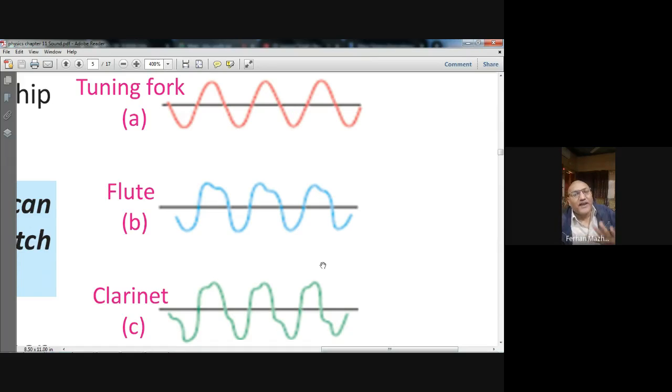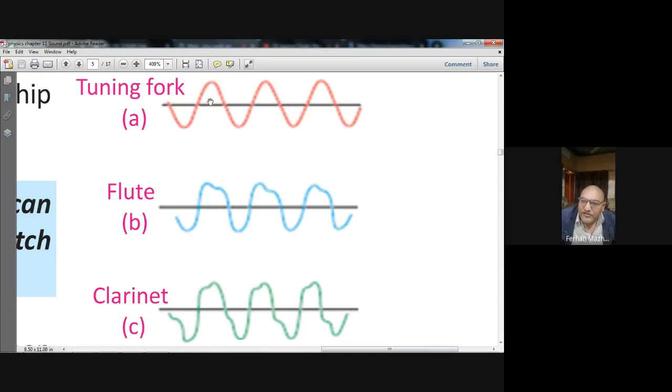From the graph, I can only tell the time period. So if these three different sound waves have the same time period, it means their frequency is the same. So their shrillness is the same. Their pitch is the same. Check out the amplitude.